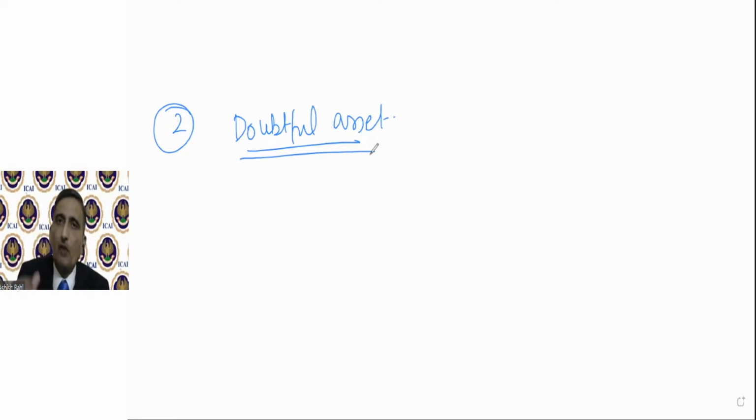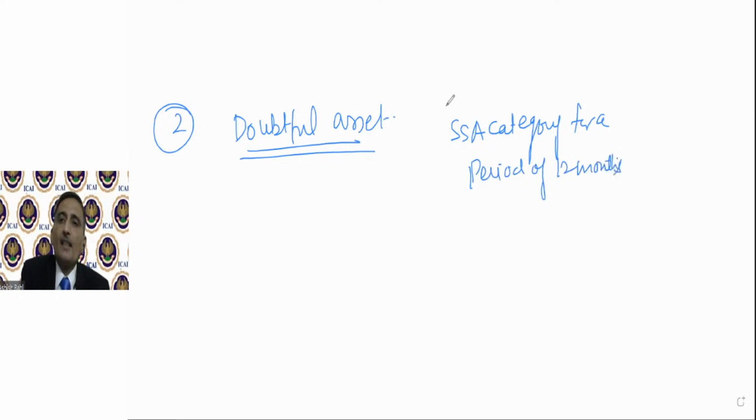In the first year, it would be classified as a substandard asset. Now, after it has remained in SSA category for a period of 12 months, so after this period, this account would be shifted to doubtful asset category.